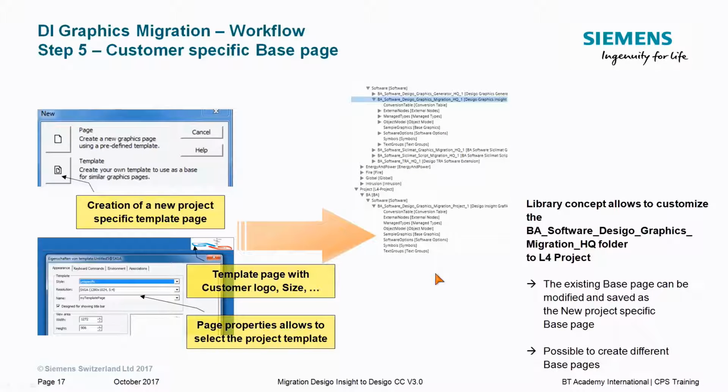This is also possible in the Desigo CC. In the Desigo CC, the top page, or no, not the top page, sorry, the template. I'm talking about the template, not the top page. I'm sorry. In the Desigo Insight, we were able to use the templates as a base, okay? And in the Desigo CC, this is called the base page, okay?